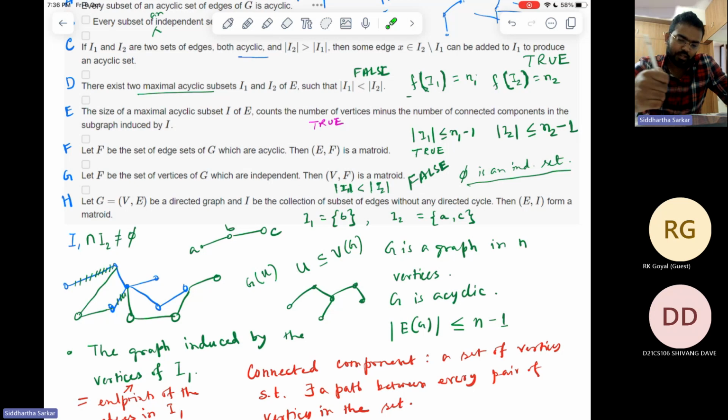Let me copy this. There is no space here, so what I will do is I'll just write down the question.